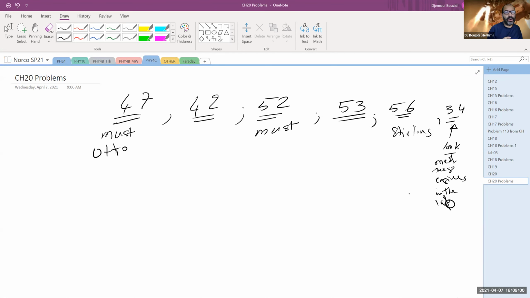So problem 34 is one of the 8 engines in the lab. I'm not going to do it because you are supposed to do it in the lab. We went through it in the whole discussion. If you think you need help with it, please let me know, because all 8 of the engines in the lab are part of your exam preparation also. Okay, and this is one of them.